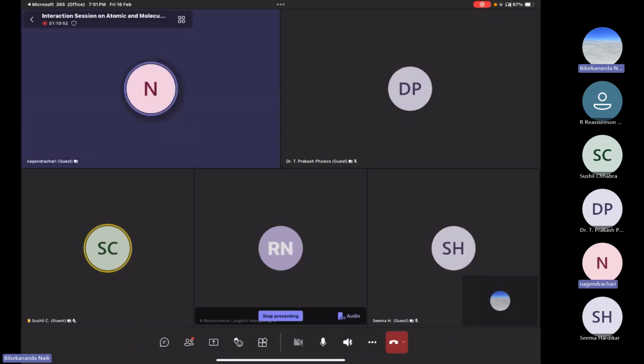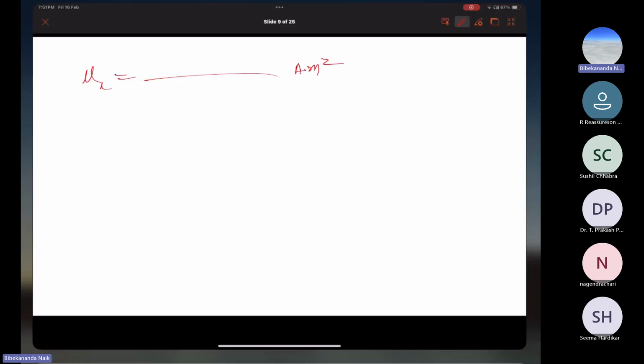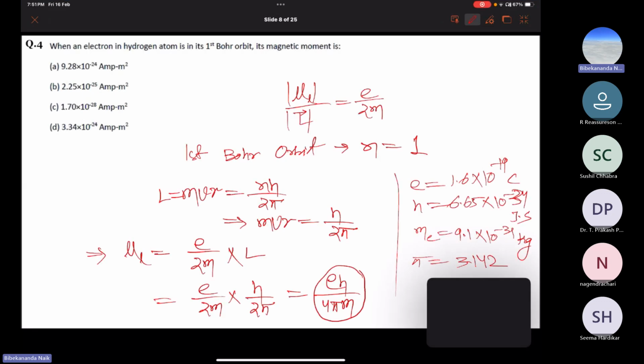Here it's 9.274 into 10 power minus 24. Yes, this is the correct answer. This value has another name.